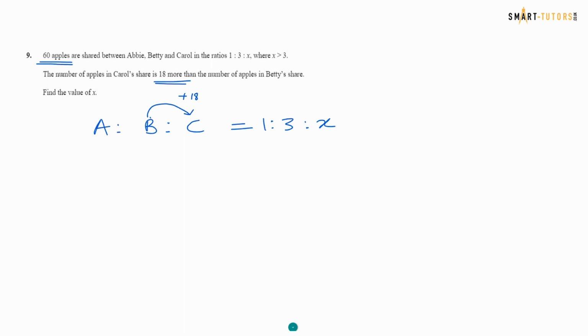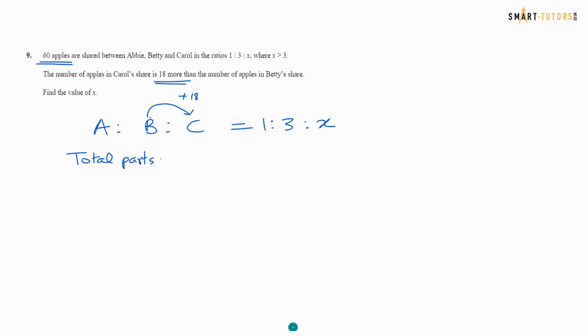See whether you may have a different method to do this question. Let me explain my method. If you understand this method, it's very easy, and you stick to this method and do another question by yourself, and if it works, that's it, right? What I'm going to do is 60 apples, all 3 people. So all 3 people mean this is 1 part, 3 parts, x parts. How many parts in total?